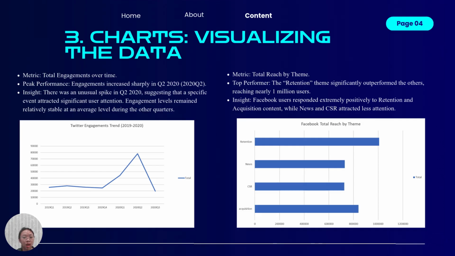Engagement levels remained relatively stable during the other quarters. And on the right, the Facebook total reach by theme chart.